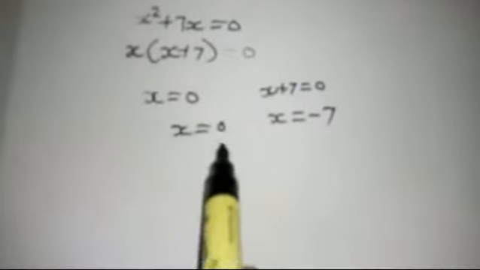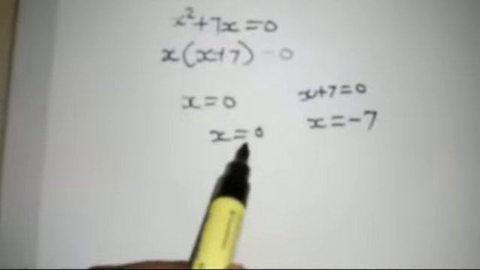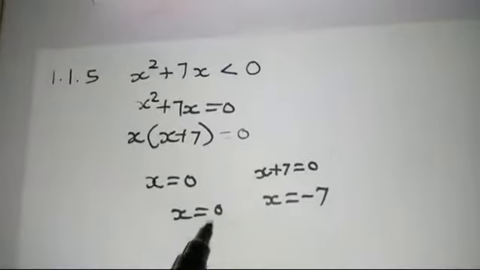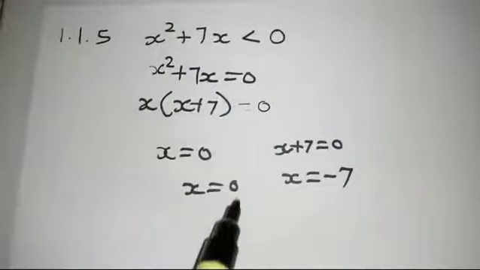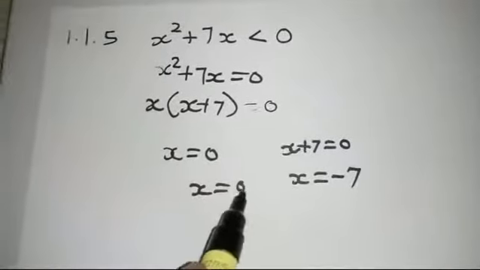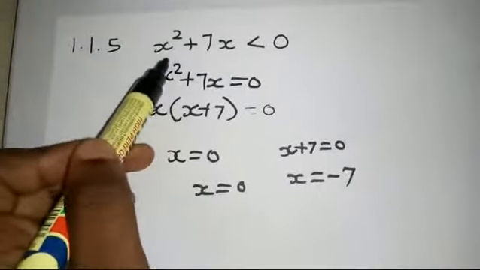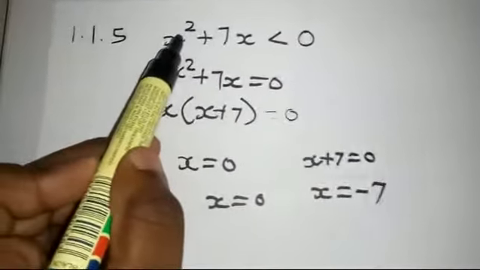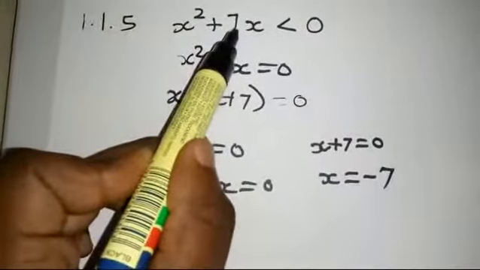We consider the critical values. Okay, so the critical values are x is equals to 0 and x is equals to negative 7. Okay, let's first consider this value. When we take a number less than 0, for example negative 1, and we substitute into this equation, we'll get 1 plus negative 7.